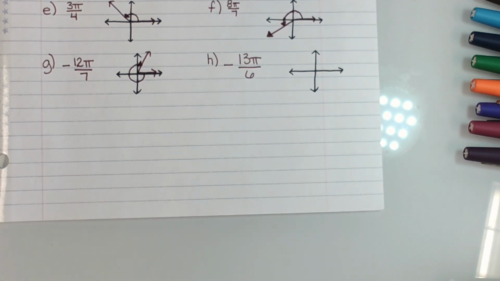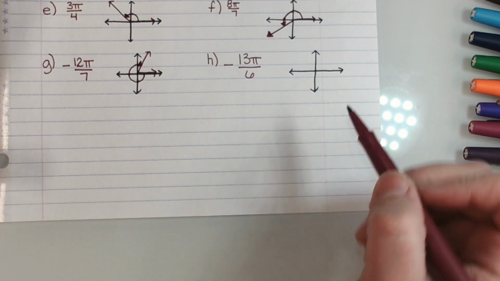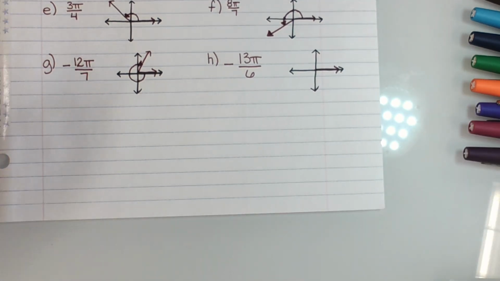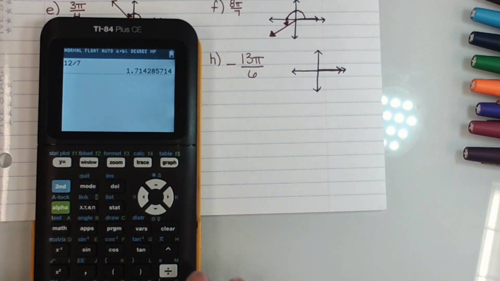Final one. Negative 13 pi over 6. Clockwise or counterclockwise? Clockwise, it's negative. 13 over 6. 2.16.